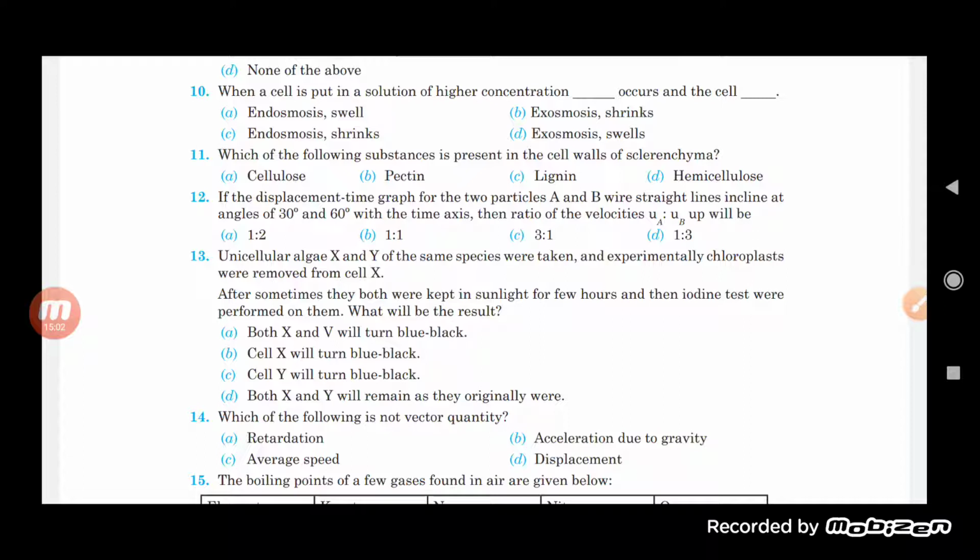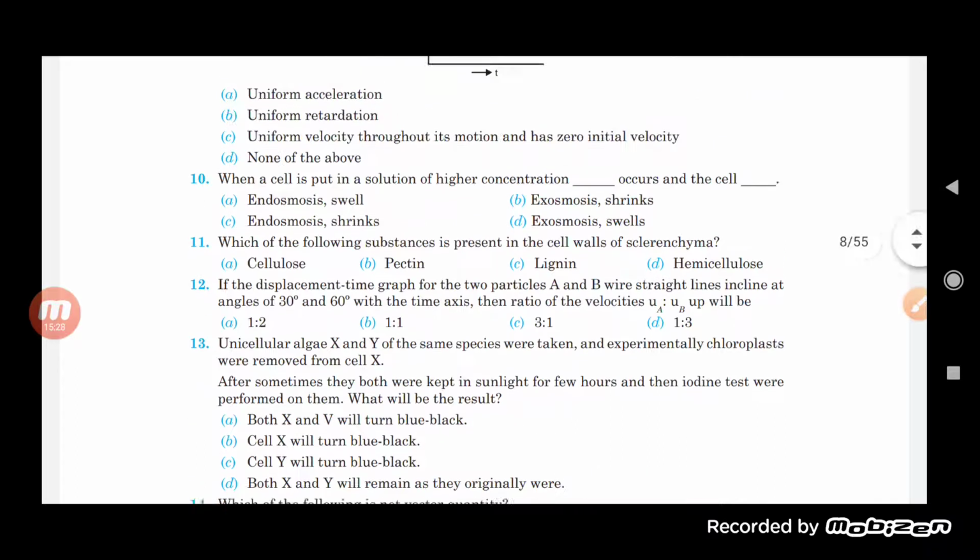You know that if the amount of water present in the cell is higher than that present in the surrounding, it starts losing water. So this is exosmosis, and because of that the cell will shrink. So according to that, B will be the correct option.